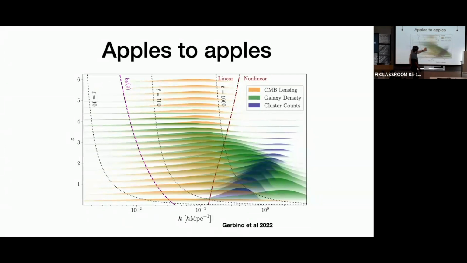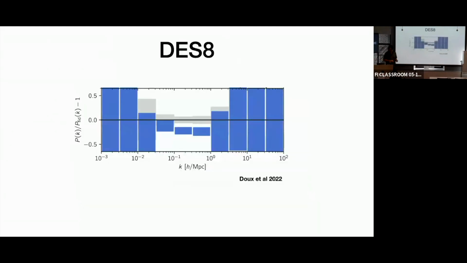What you see here is that CMB lensing is at relatively large scales, galaxy density is at relatively small scales, cluster counts are also relatively small, whereas the actual window function for S8 is right here. So you can see that we're really taking lots of information from outside S8 and extrapolating it into S8. And so in lambda CDM, there's tension, but it may not be that in other models there's tension.